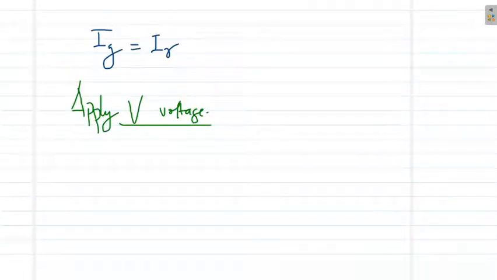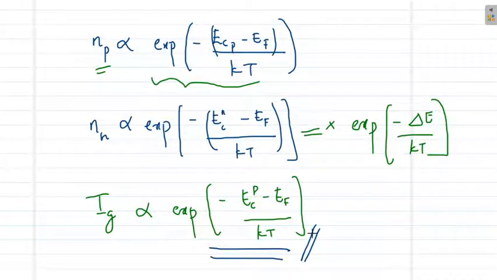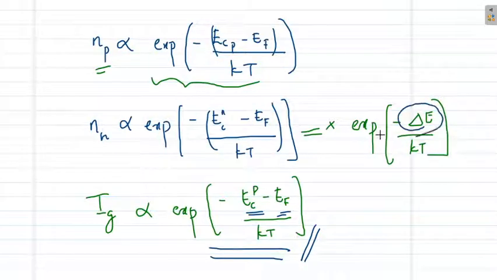As a result, Ig will not have any change, because Ig is exponential of minus (ECP minus EF) by kT. These factors do not change, but what changes is the delta E factor.